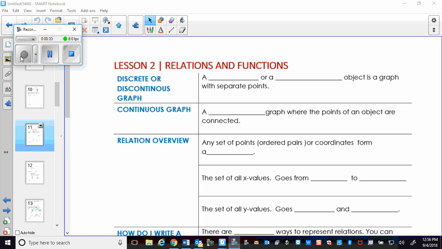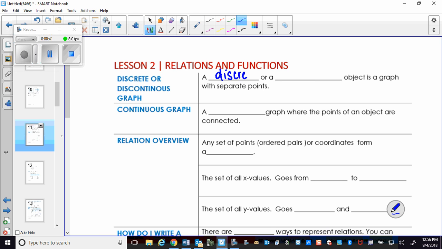So the first part, a discrete or a discontinuous graph. When we say these two words, we're referring to an object that is not connected.